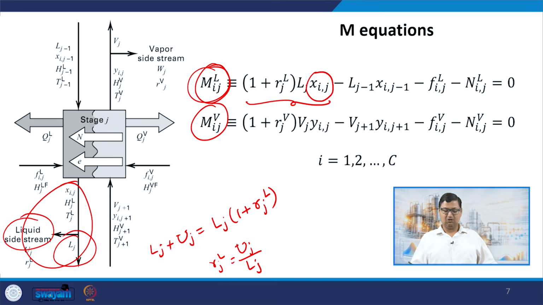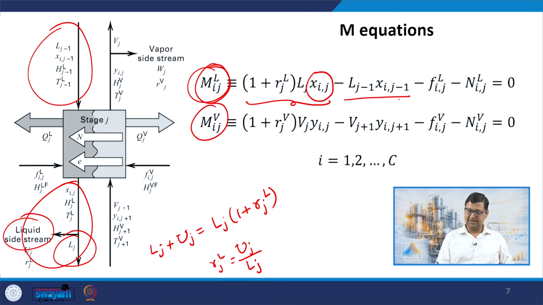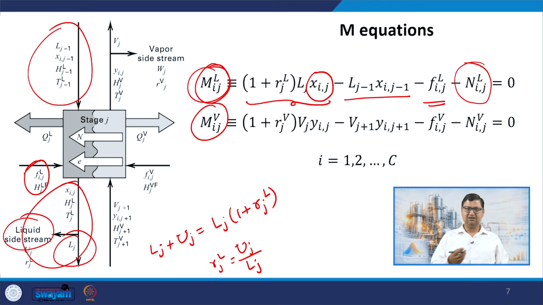And then what is entering in the liquid stream is my Lj minus 1. Again, the side stream of j minus 1 I am considering in the balance of the previous stage, right. So, we have Lj minus 1 xi,j minus 1, and now there is a feed separately considered for the liquid phase. So, we have Fijl, that is the component i molar flow rate in the liquid phase entering stage j, and then I have added a mass transfer rate that is basically going away from the liquid to the vapor.